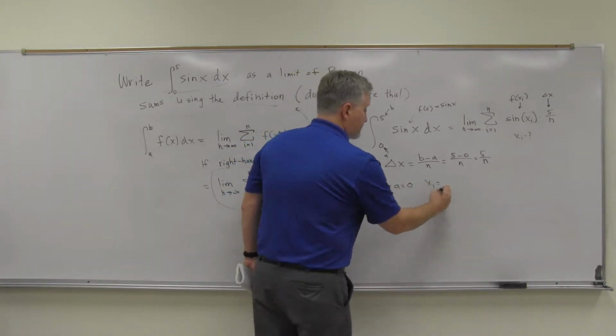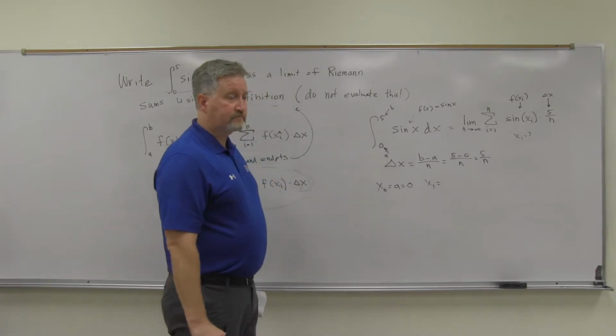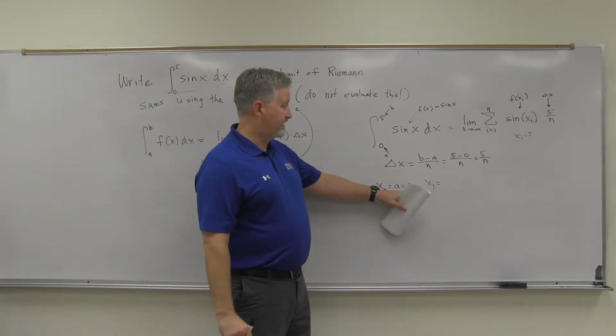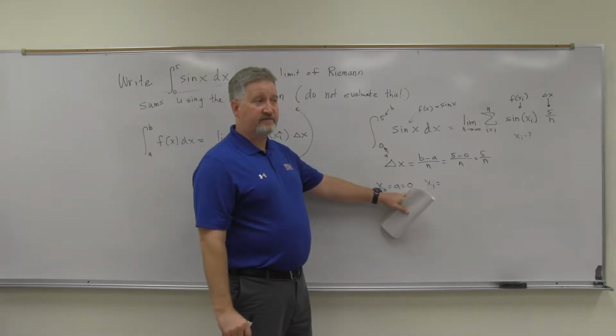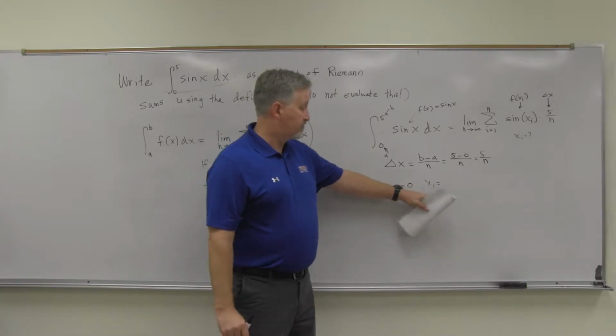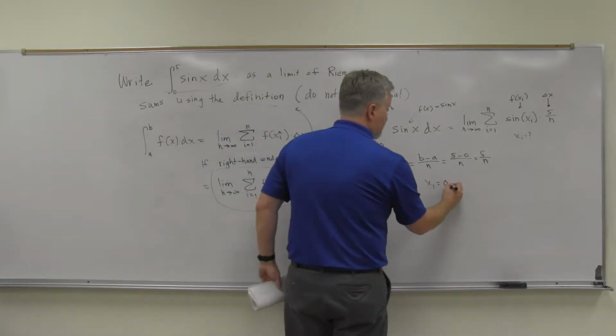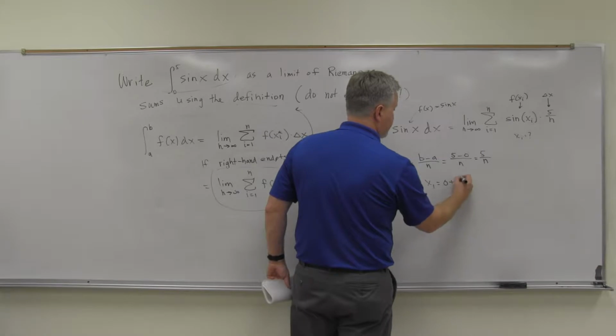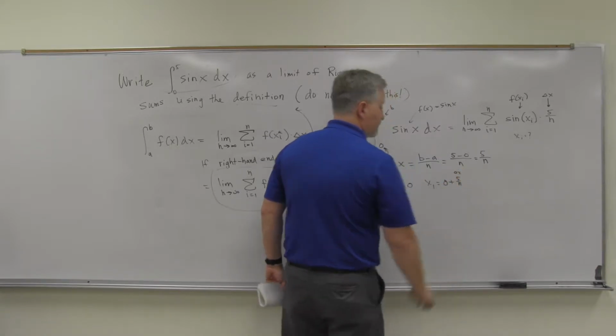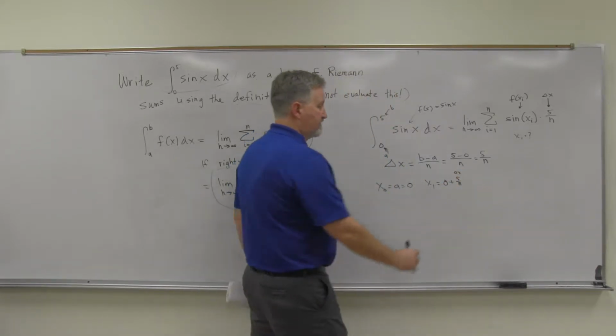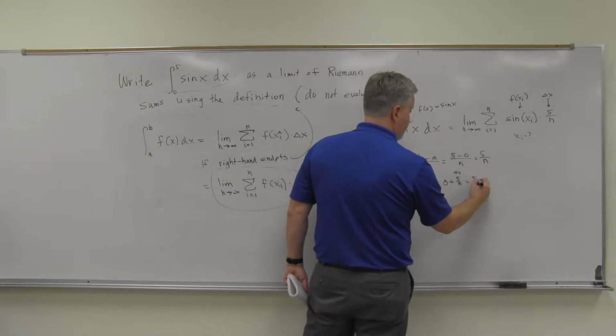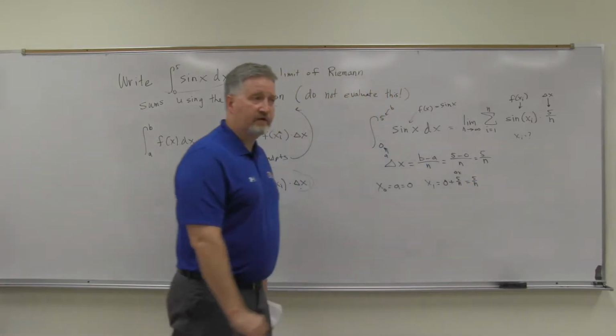All right, so what would x sub 1 be? It's taking x sub 0 and adding delta x to it. So x sub 1 would be 0 plus 5 over n. It's just 5 over n.